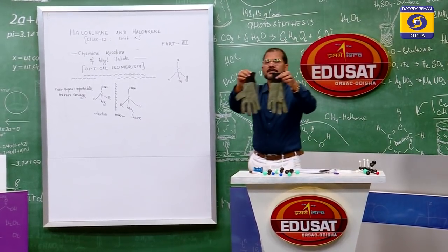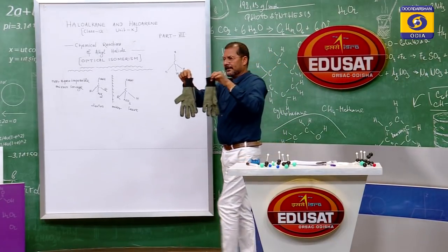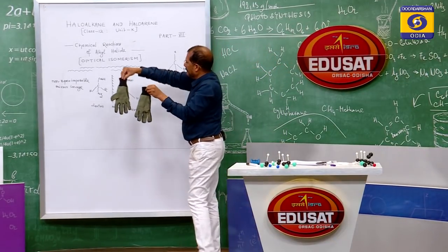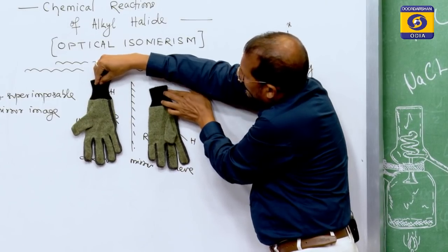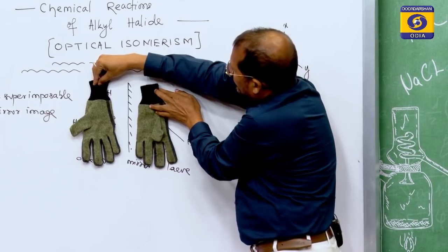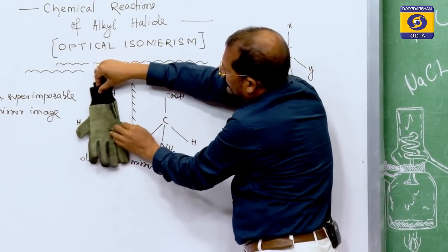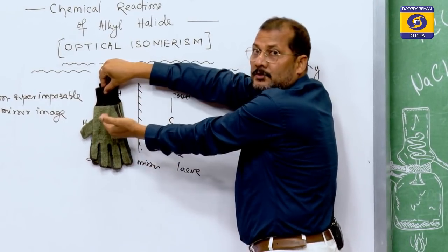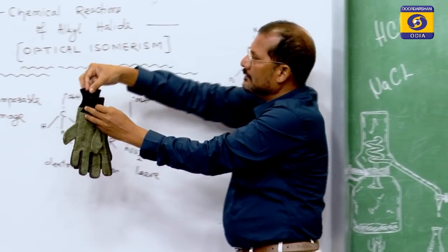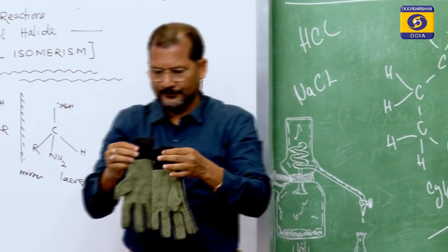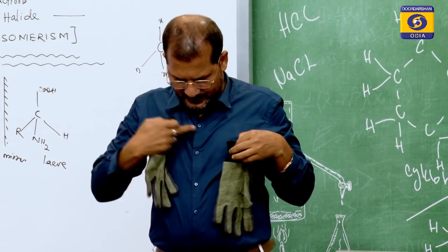But let me say about this type of thing. If there is a mirror here, then these two are mirror images. If you take the image and put it over the object, it does not match. So, this is a non-superimposable mirror image, and they are different. Let us say this is the mirror axis.